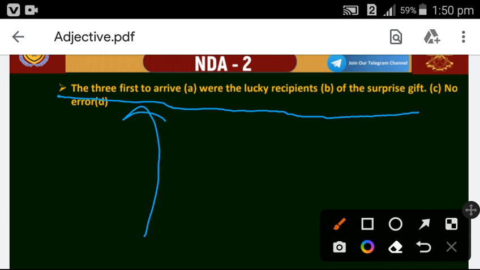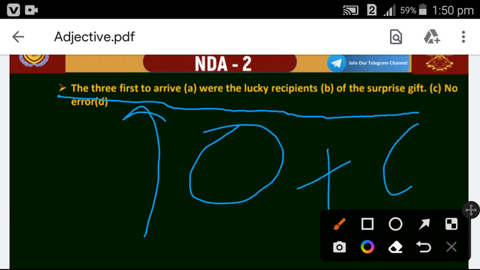Again, it is an error of cardinal and ordinal number: first ordinal number should come and then cardinal number. On the basis of this concept, first should be written here and 3 should be written here.